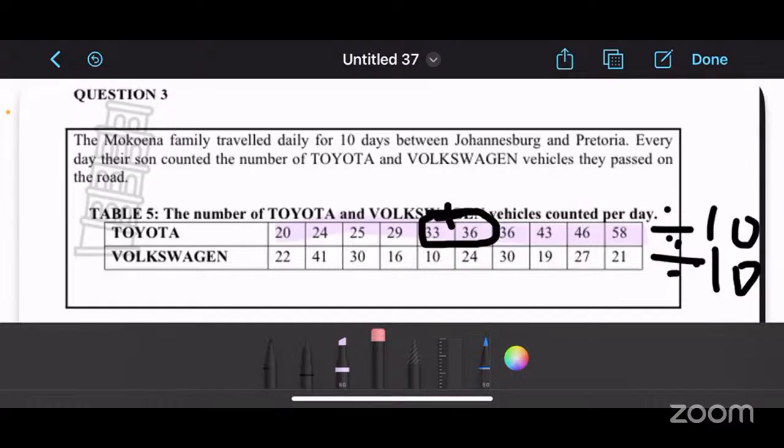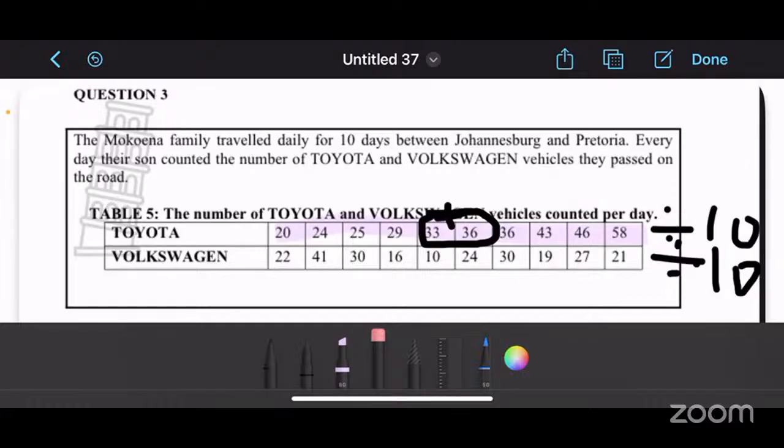Are you still calculating the average? Ma'am, for Toyota it's 35, and for Volkswagen it's 24.